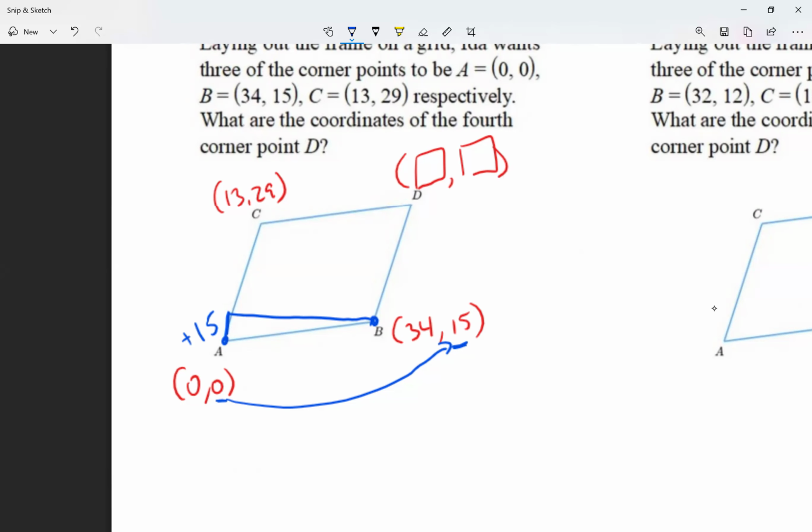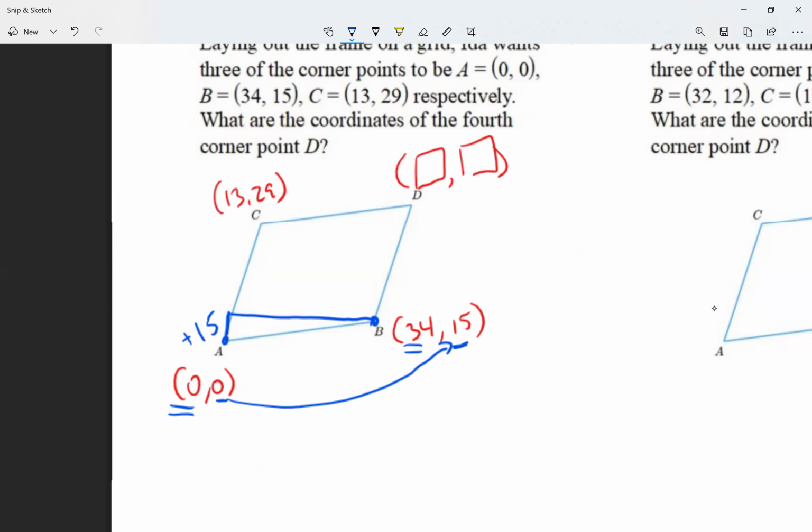What about the x values? What do I do to 0 to convert it into 34? I'm only adding or subtracting, because that's basically what slope is. Well, plus 34, right?